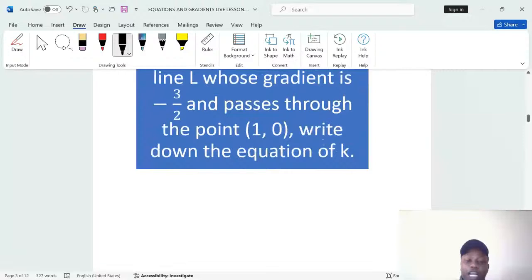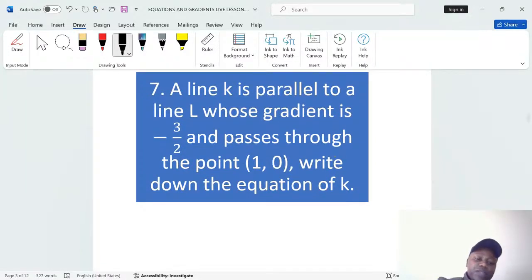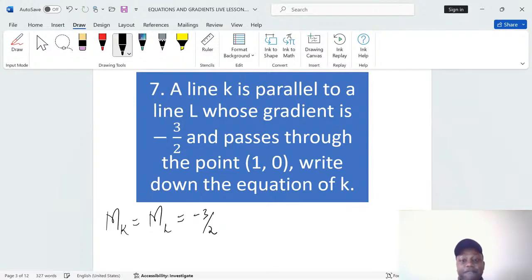So the only conclusion we're going to make here is that the gradient of K will be the same as the gradient of L, and that is -3 out of 2. That is the first conclusion to make.